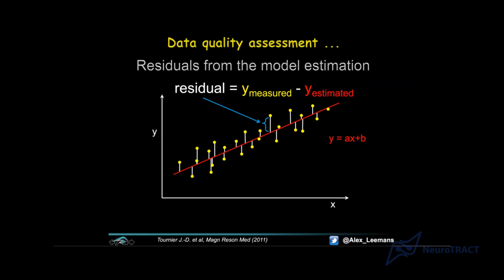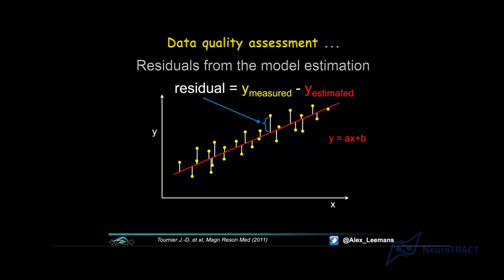Okay, so this is really important to understand. A residual is the difference between my measurement and what my model predicts. And keep in mind, if you have these measurements, you can estimate your model. You can fit a line through these points to compute A and B, right?